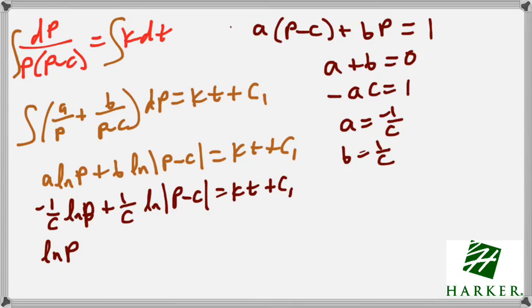The ln of P minus the ln of the absolute value of P minus C is equal to negative CKT, and then that's just a constant, so I'm just going to put a plus C2. Okay. Now I'm going to try and remember this for the next side.